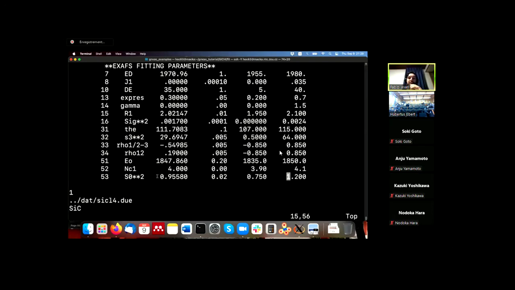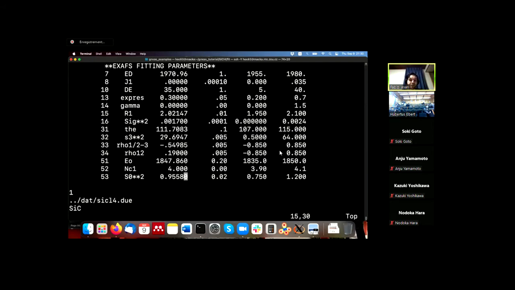But there is some small reduction due to multiple electron excitation, so for this reason the amplitude is slightly reduced. So there is also this S0 square parameter that is used to fit.